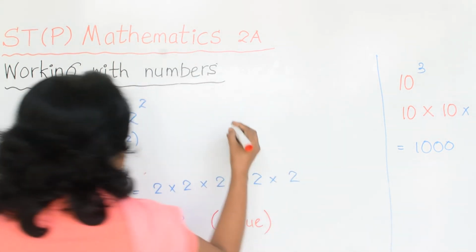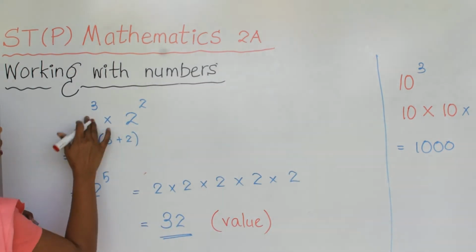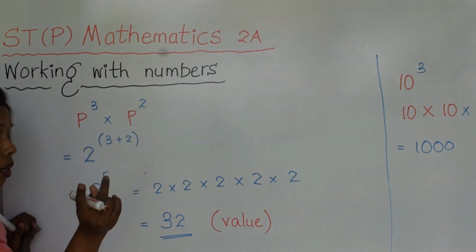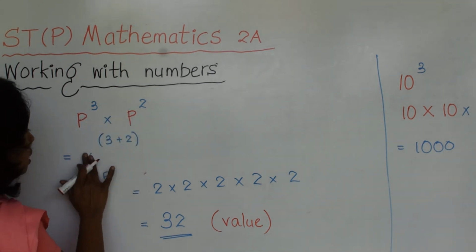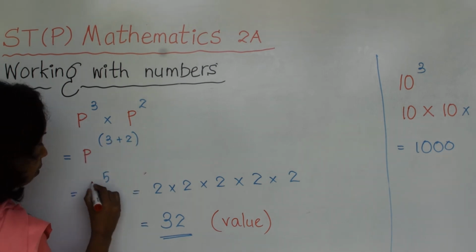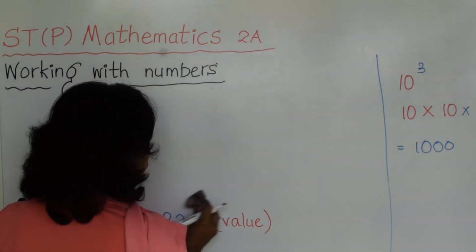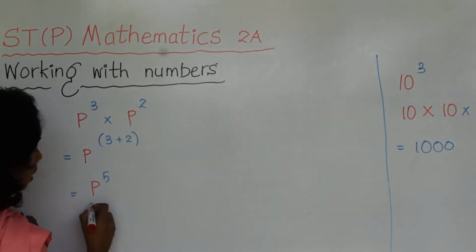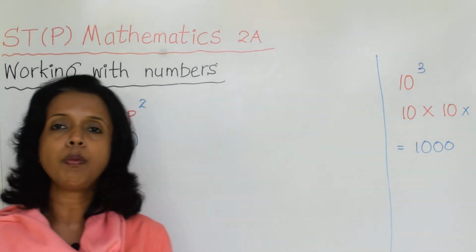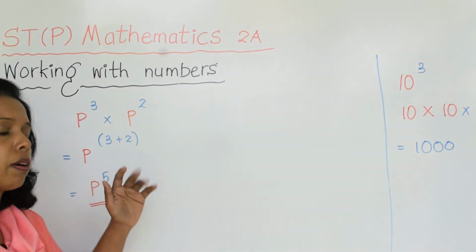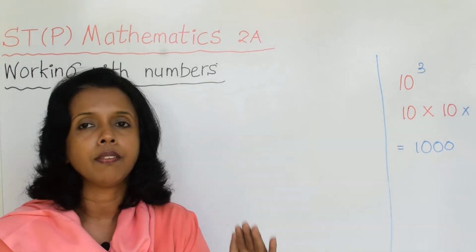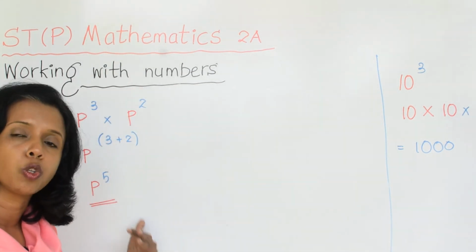But if it is like this, children, p to the power 3 and p to the power 2, now what you want to do? The same base p, 3 plus 2, it is 5. Now, this is the answer. If they ask you to find the value in index form, yes, it is p to the power 5. Find the answer in index form, find the value in index form, like earlier, it is p to the power 5.